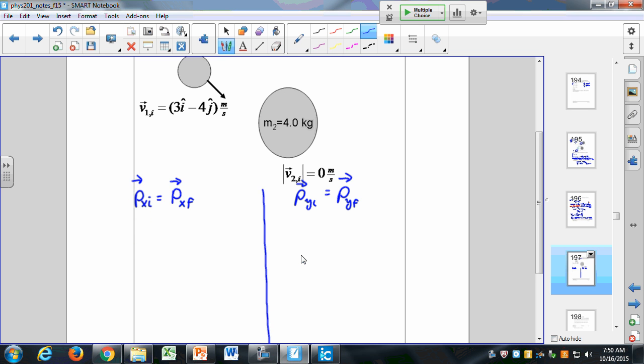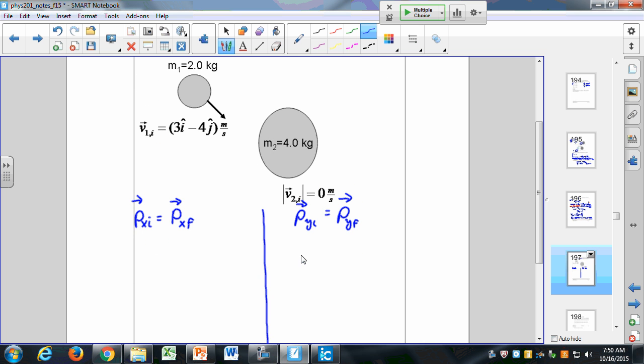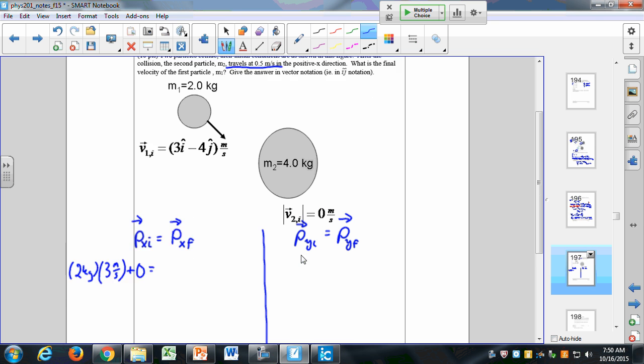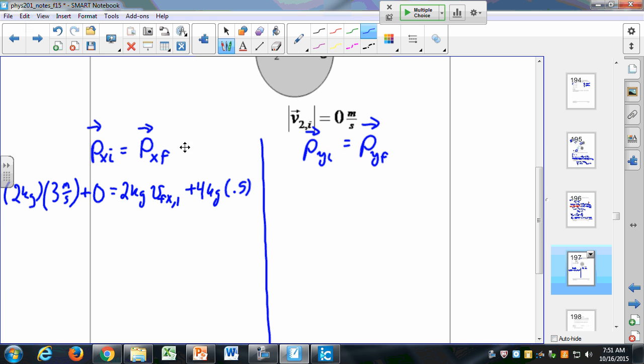Okay, keep working. I'm going to start writing a few things up on the board. So I got 2 meters per second for the x component, right?